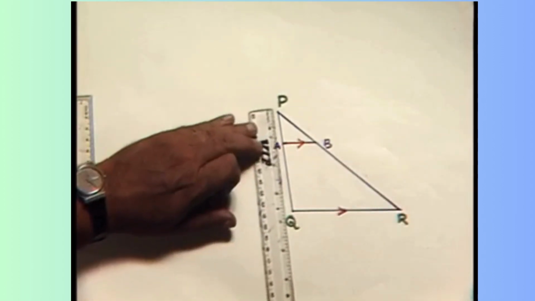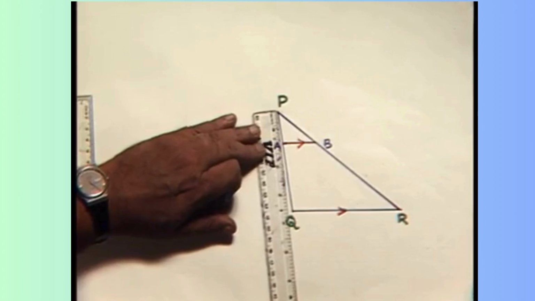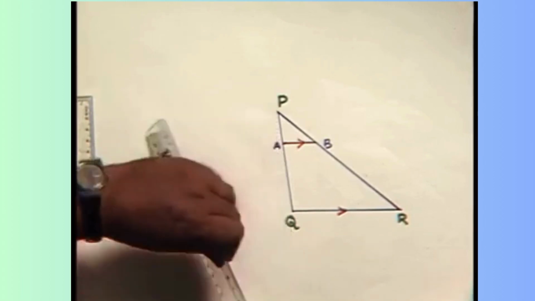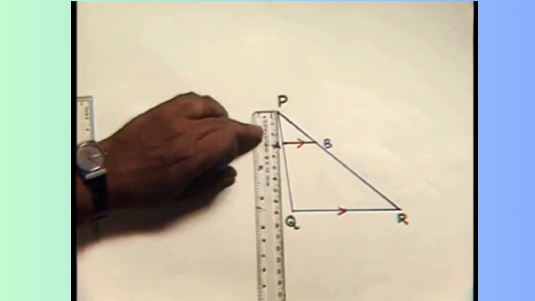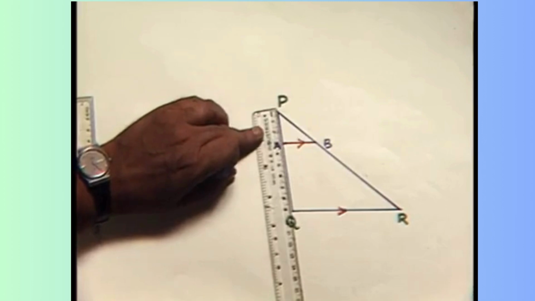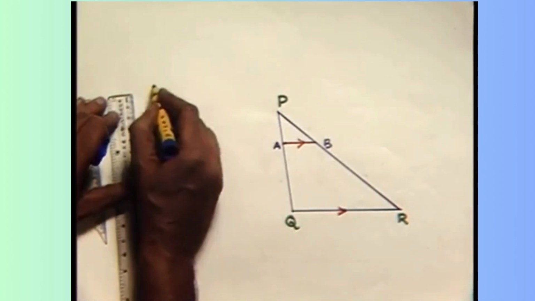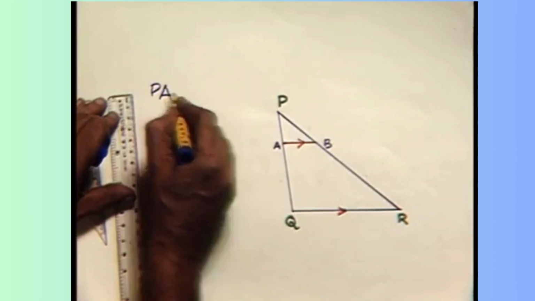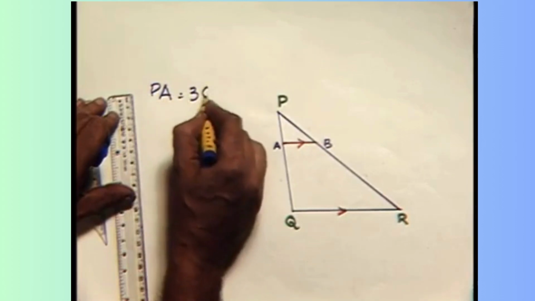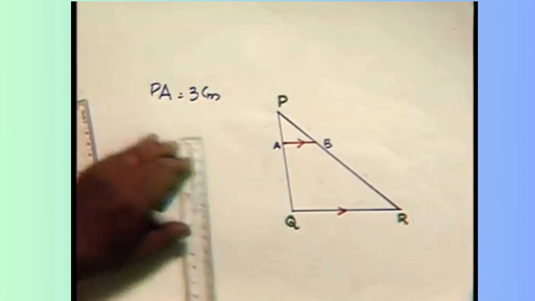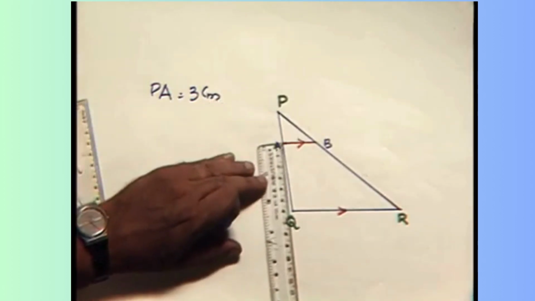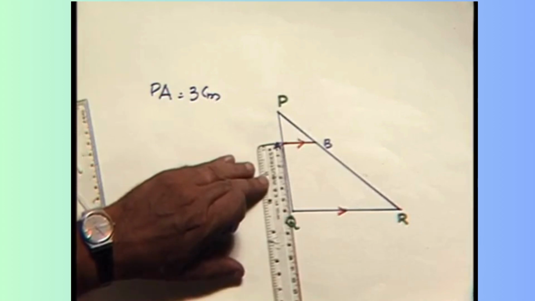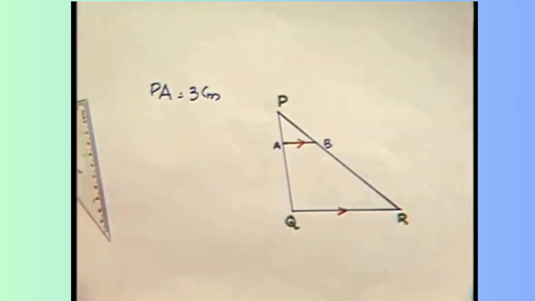Here PA is 3 centimeters and AQ is 6 centimeters.